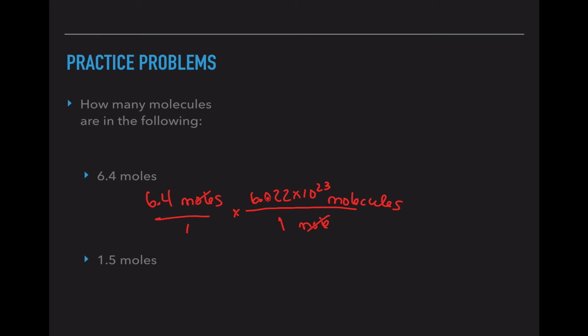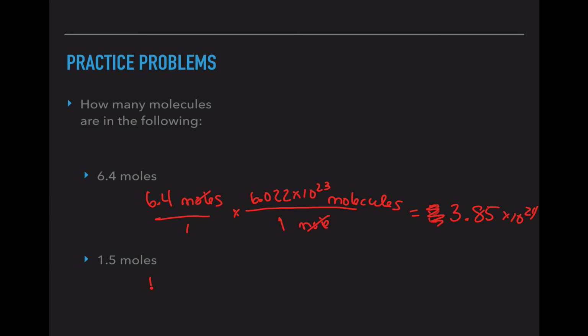Instead of dividing here, in order to simplify, we're going to multiply across the top, and that's it. Because the bottom is 1 times 1, which equals 1. So 6.4 times 6.022 times 10 to the 23rd. And your answer is 3.85 times 10 to the 24th.